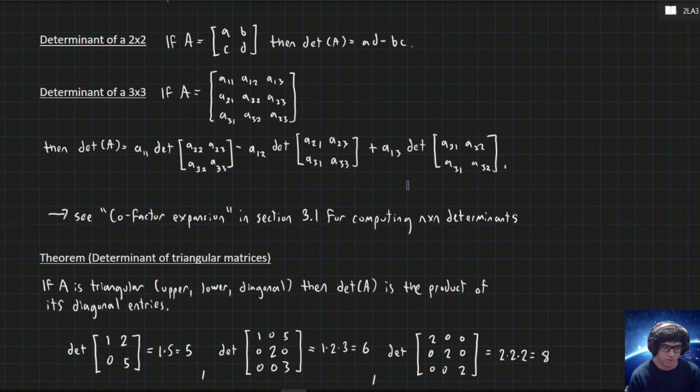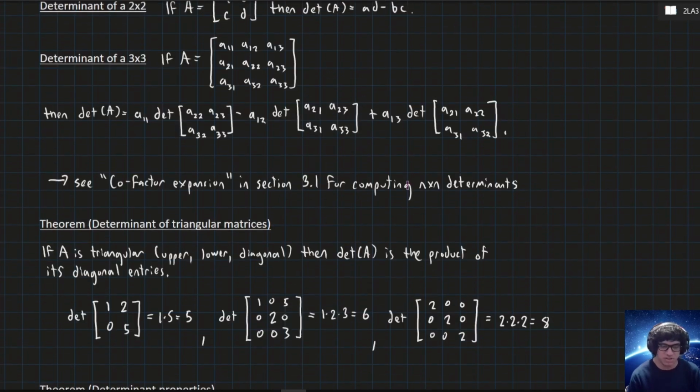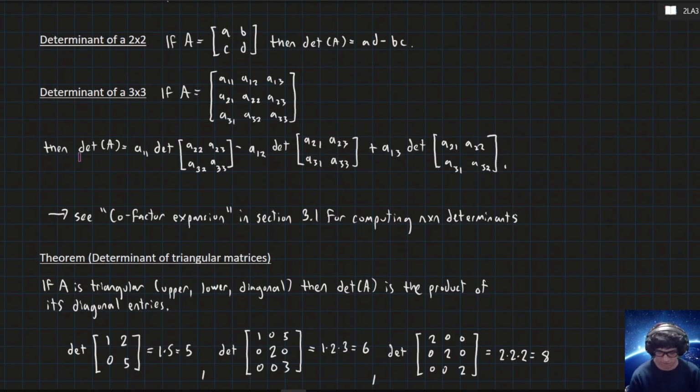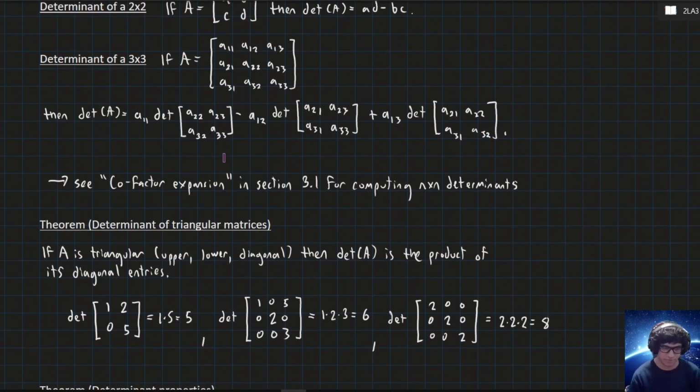Some matrices have really easy determinants. You don't need to do this cofactor stuff. For triangular matrices, you can just read off the determinant quite easily. If A is triangular, upper, lower, or both, so diagonal is included as well, then the determinant of A is the product of its diagonal entries.